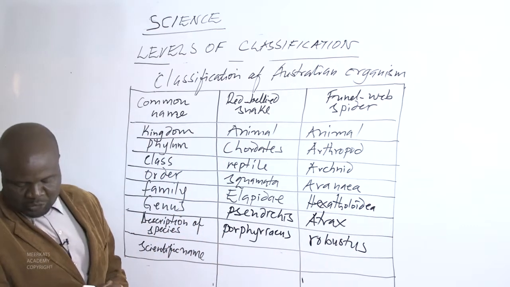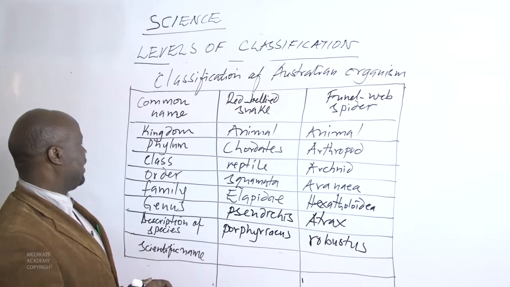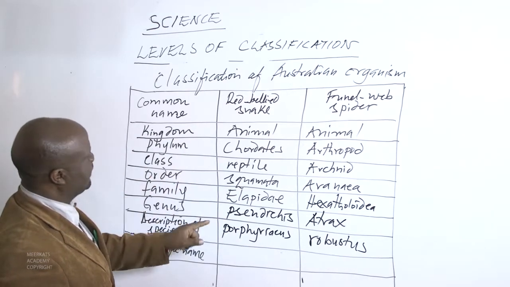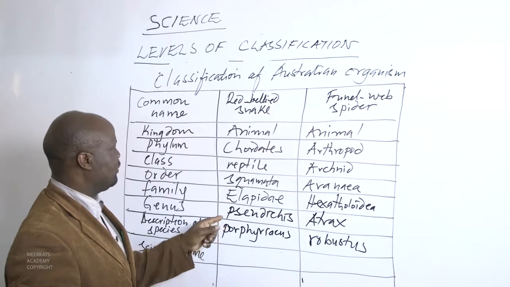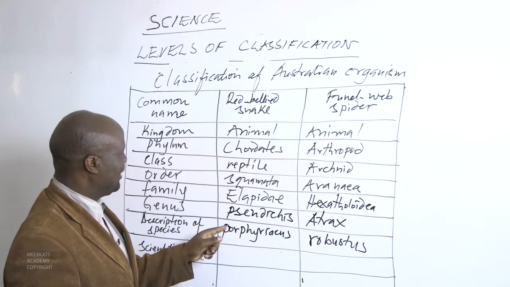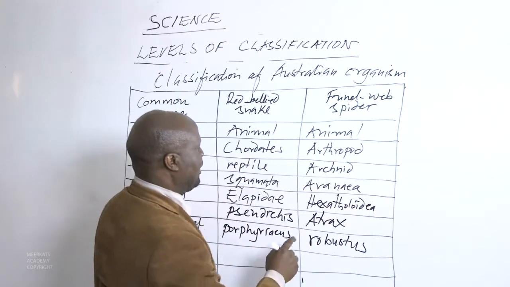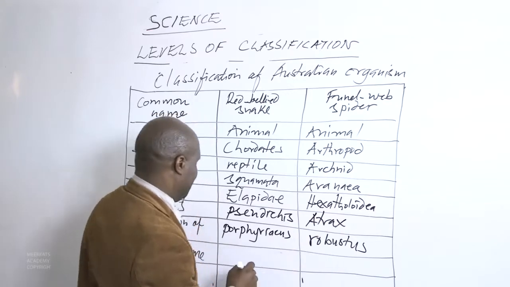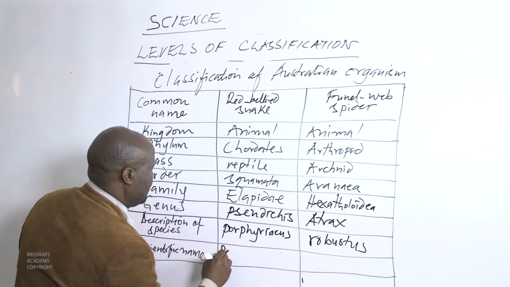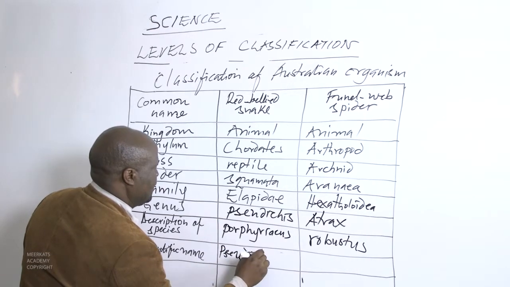Now, when we want to get our scientific name, we shall say the scientific name for the red-bellied snake is Pseudechis porphyriacus, and the scientific name for the funnel web spider will be Atrax robustus. So we can write the scientific names in such a way.